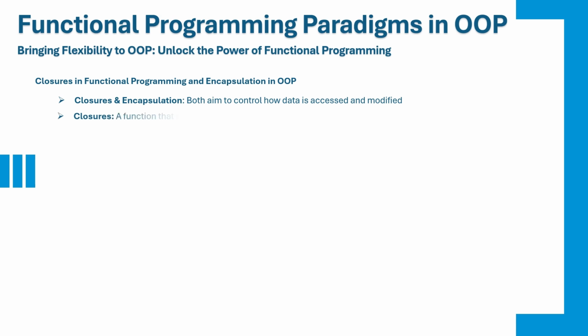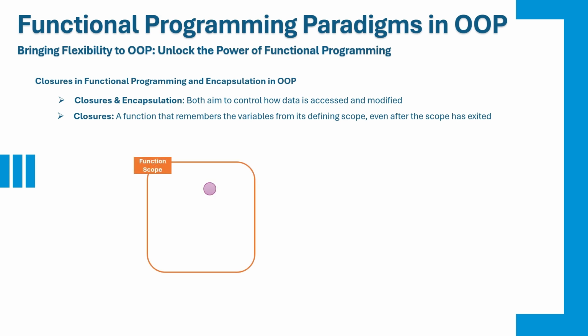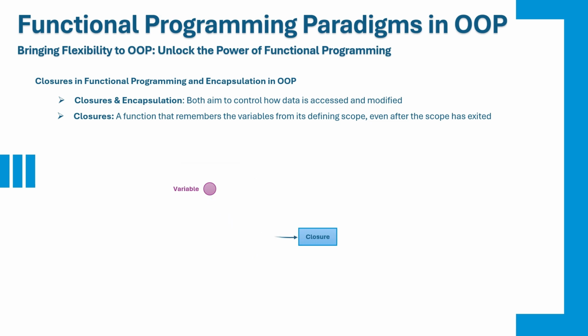In functional programming, a closure is a function that retains access to the variables from its surrounding scope, even after that scope has exited. In simpler terms, a closure remembers the environment it was created in and can use those variables long after the original context is gone. Imagine we're building a simple counter.